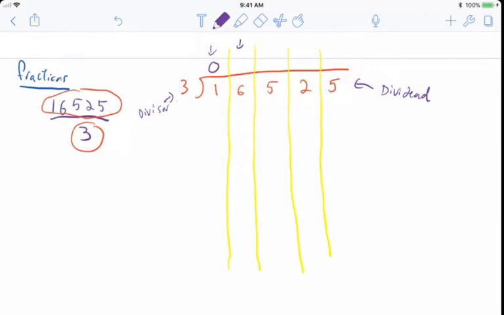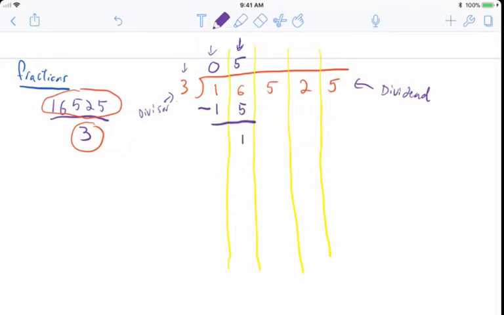What's the largest multiple of 3 that isn't bigger than 16? It's 15. So I'll write 5, and then 3 times 5 is 15. And I'll write a subtraction sign, and then I'll subtract these two numbers.